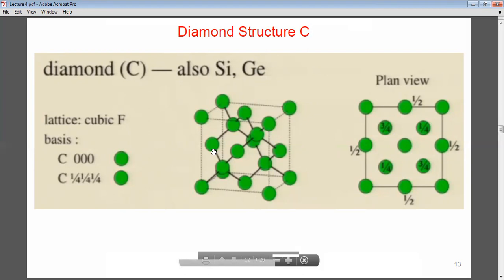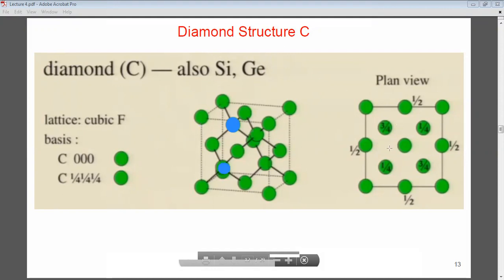But if we just say it's a cubic F or FCC structure, it's not enough, because there are some atoms like this one over here, for example. It is not one of the corners, and it's not one in the middle of the faces. So I need to find another way to describe this lattice.